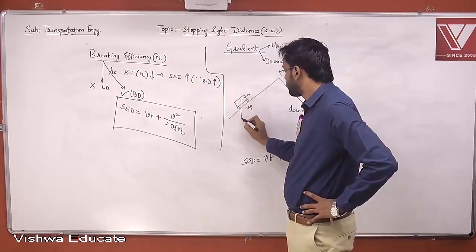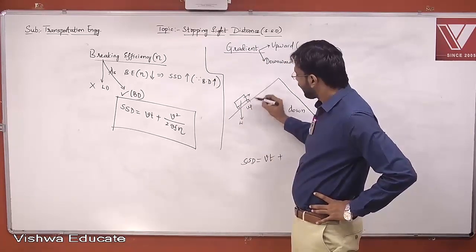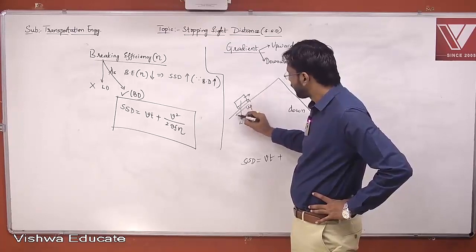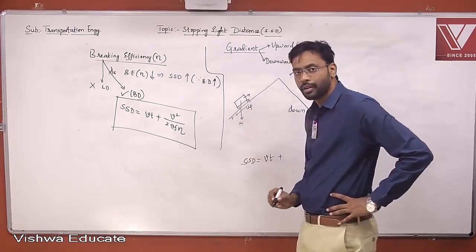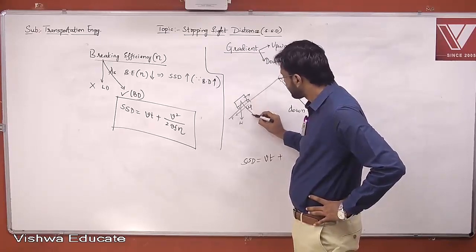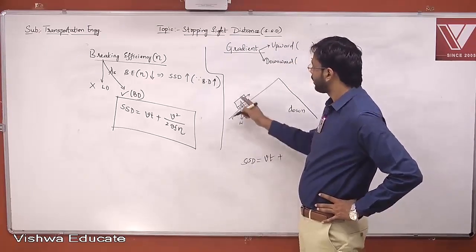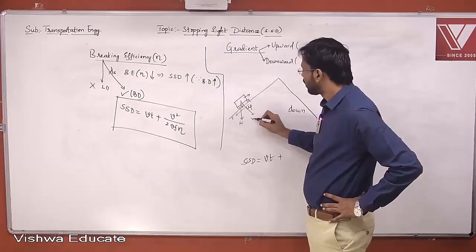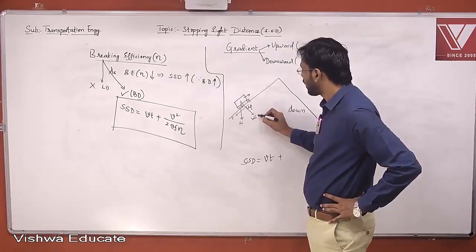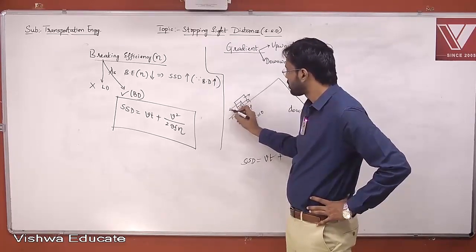So this is W, right? Now we have applied a brake, so there will be a friction here. And this W has components. If this is theta, it becomes W cos theta, and this is my W sin theta.